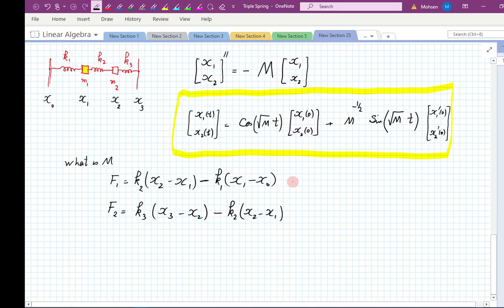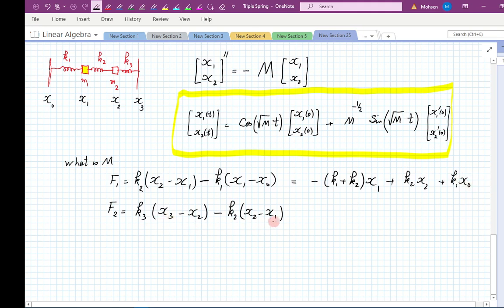Now let me rearrange this thing. So I'm going to write this thing with X1 written first, minus K1 plus K2 times X1 plus K2 X2, and then K1 X0, I put it at the end for a reason you're going to see shortly.